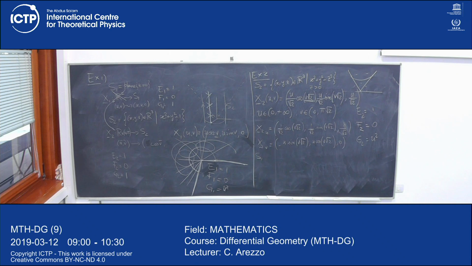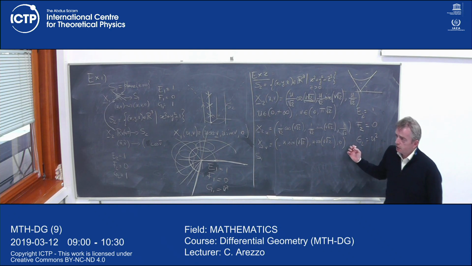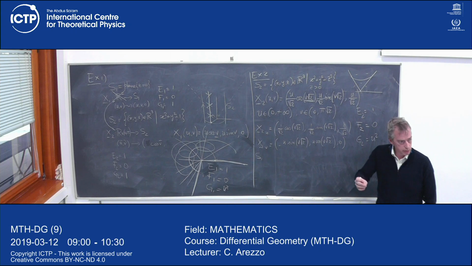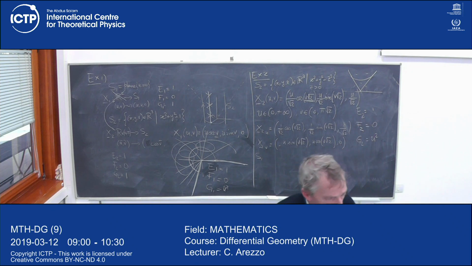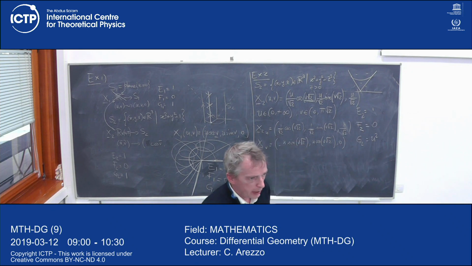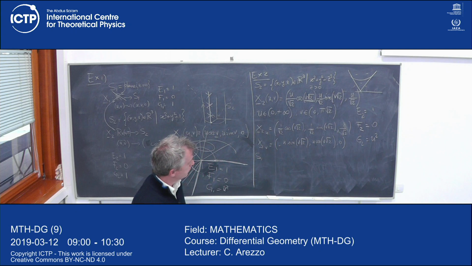Very good. So I think we can stop here for today. We have analyzed the role of the first fundamental form in terms of length of curves and the possibility of being locally isometric or not, or globally isometric if you are particularly lucky that you can even solve the global problem behind everything.